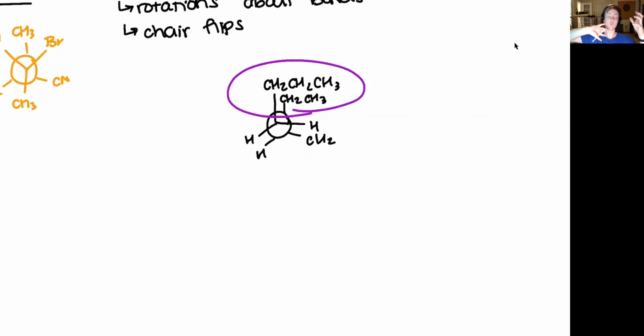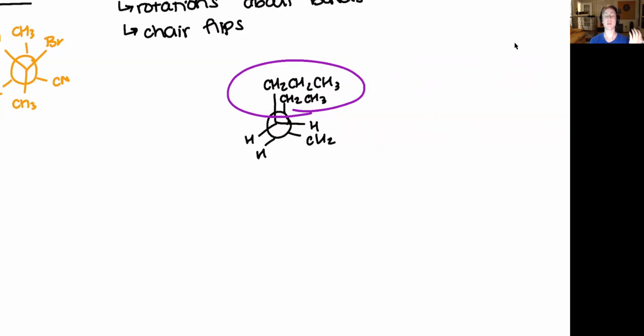And when we try to rotate them, they're going to fight each other because we want to remember that the electrons are in electron clouds. And so it's like with that magnet, you're putting two negatively charged electron clouds close to one another, and so they're going to want to repel.